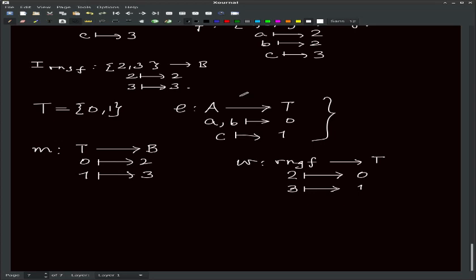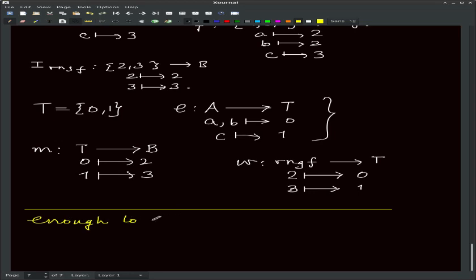What does a factorization tell you? Since every function factors as a surjection followed by an injection, it is enough to study surjections and injections separately.